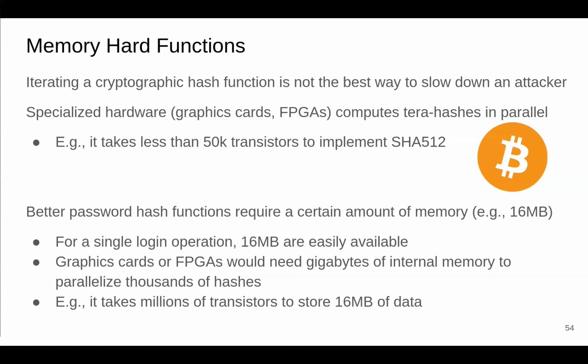But graphic cards or FPGAs usually have a couple of gigabytes of internal memory for thousands of parallel iterations. Right? So they are usually hit by this constraint. They don't have terabytes of memory to use. So this limits the usefulness of graphic cards by moving to memory hard functions.